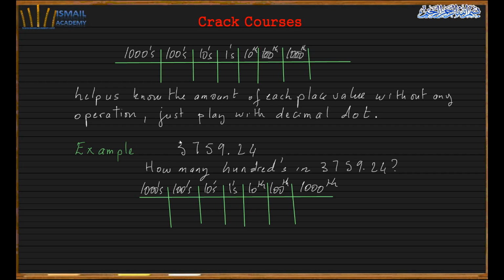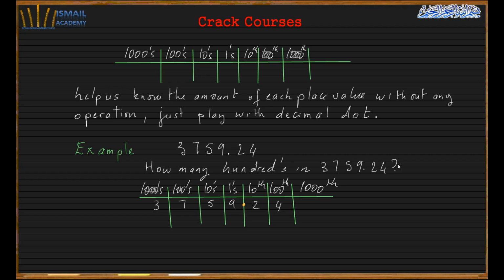If I write this down in my place value table, I'm going to put the dot here between the ones and the tenths, because here in fact we have 3,759 ones, so always keep that in mind. And this is 24.